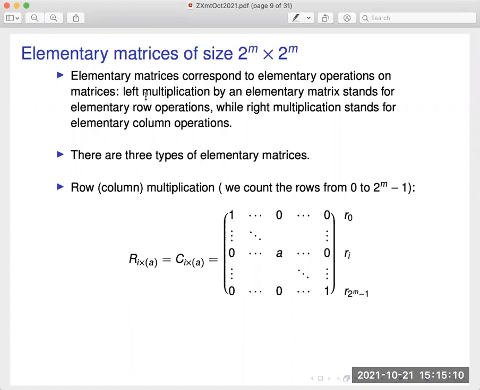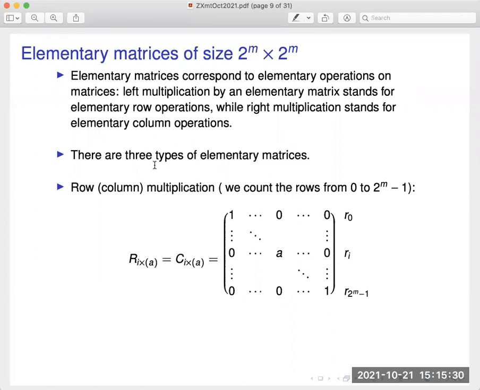If you do left multiplication by an elementary matrix, that means you do an elementary row operation. If you multiply the elementary matrix on the right, that means you do an elementary column operation.